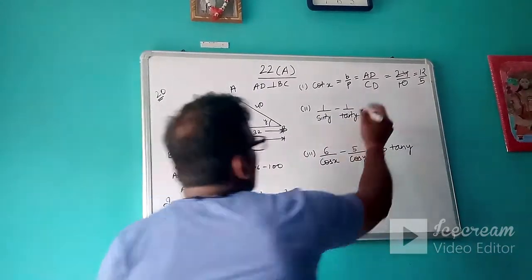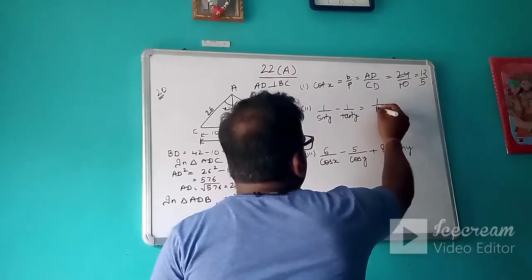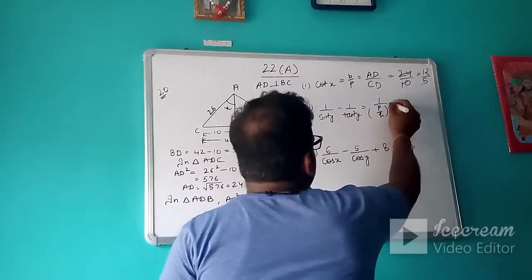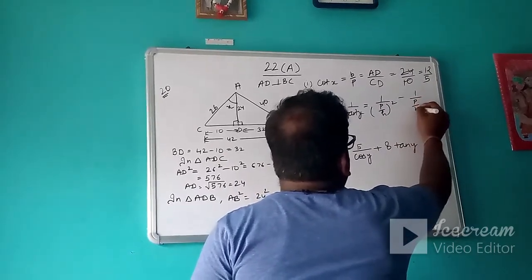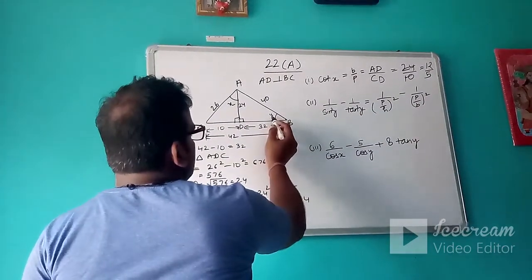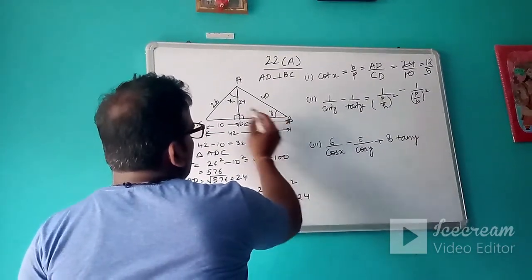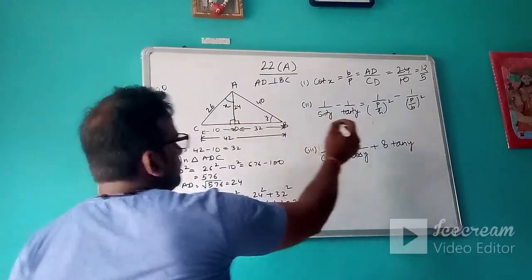So if you remember, what was sin? Sin was P upon H and what was tan? Tan was P upon B. And for this y, what is perpendicular? 24, and what is hypotenuse? 40.